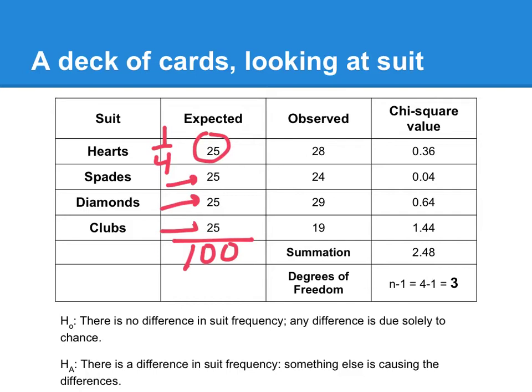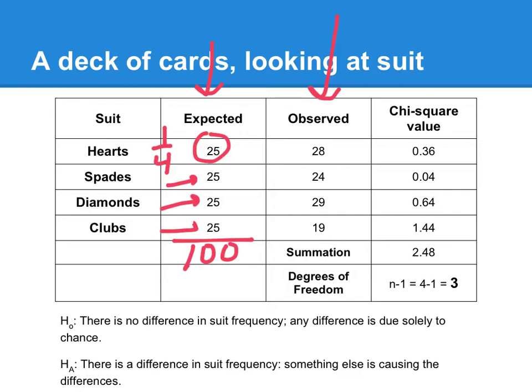Let's imagine that these are my expectations, and that I've drawn a card 100 times and put it back. These were my observed, experimental data. You can see I drew a heart 28 times, a spade 24 times, 29 diamonds, and 19 clubs.